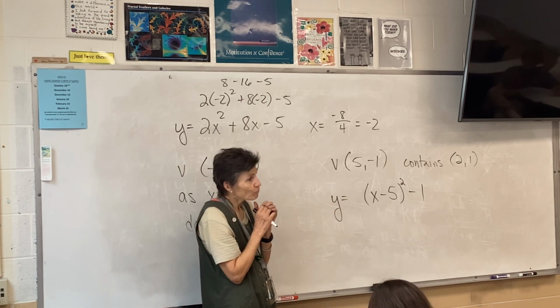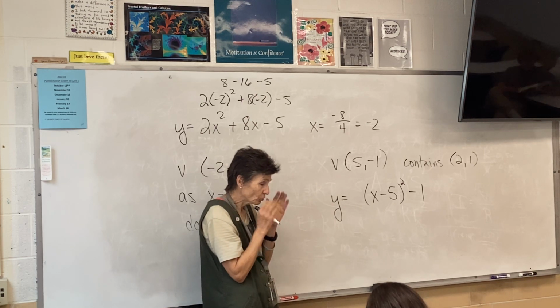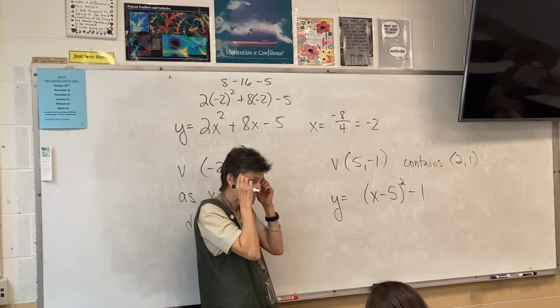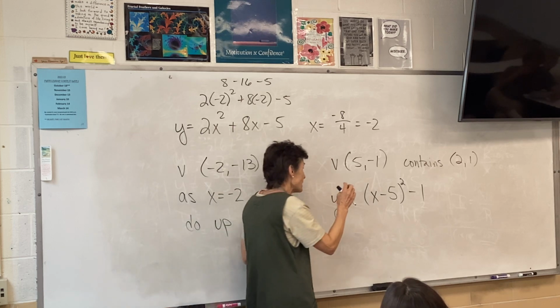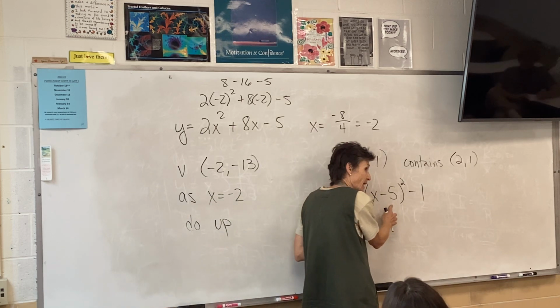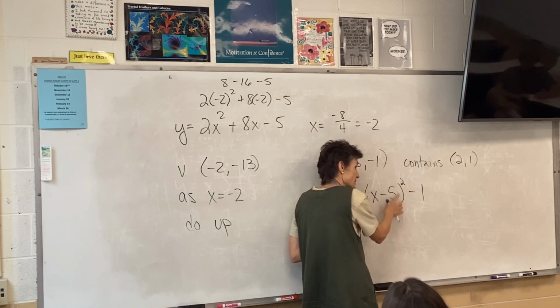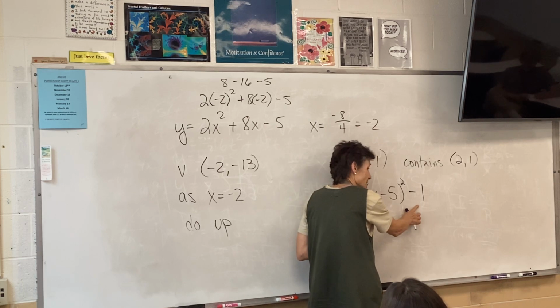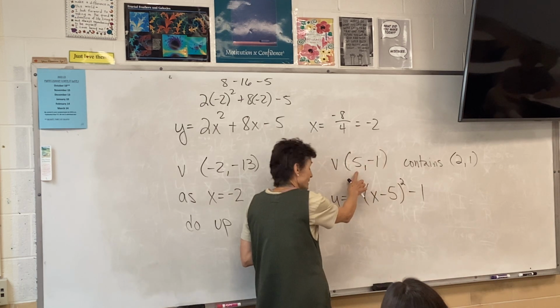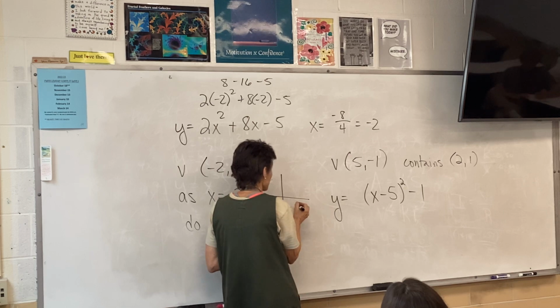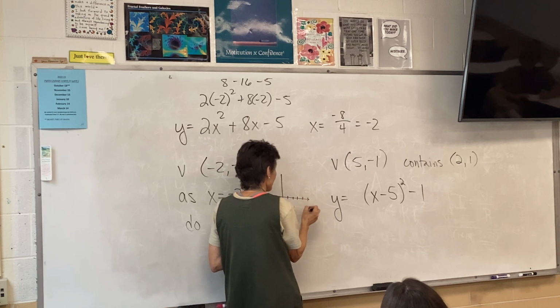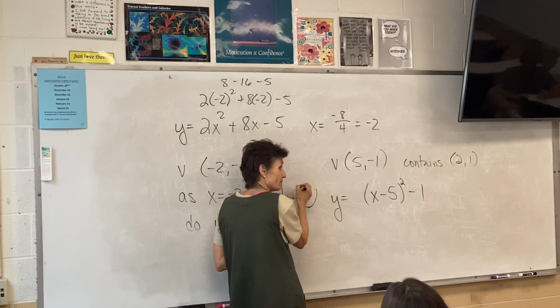Now, does everybody understand? Look at it. Make sure this is settled in your head. Does everybody understand why he said x minus 5 in the parentheses and then minus 1? Keep in mind, the vertex is right 5 and down 1, right?